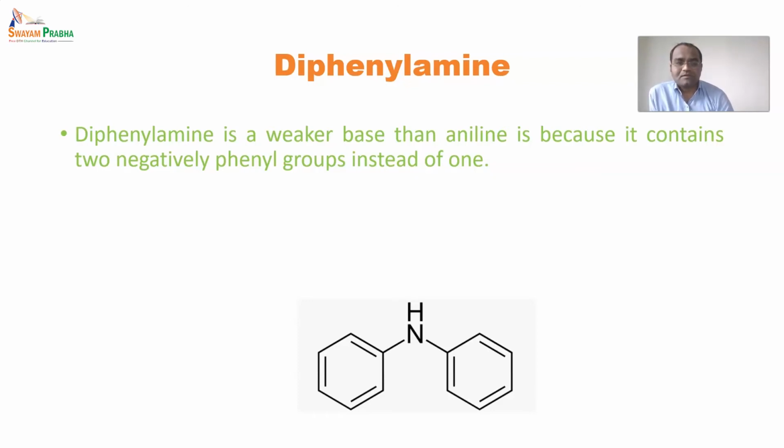Whatever we have seen in the resonance hybrid of aniline, it has a little more electron density on nitrogen, but here, as there are two rings, the charge will be dispersed onto the two rings, the electrons being abstracted from nitrogen by both rings equivalently, and that is why there is less electron density available on the nitrogen atom, due to which diphenylamines are weaker bases than anilines.